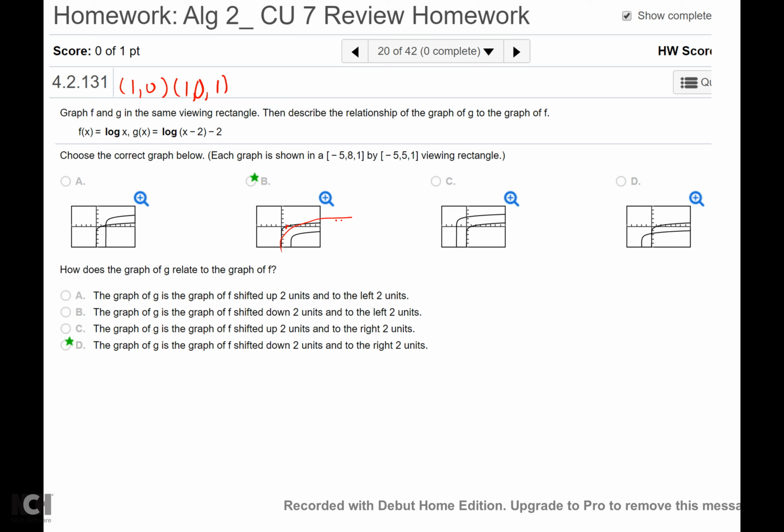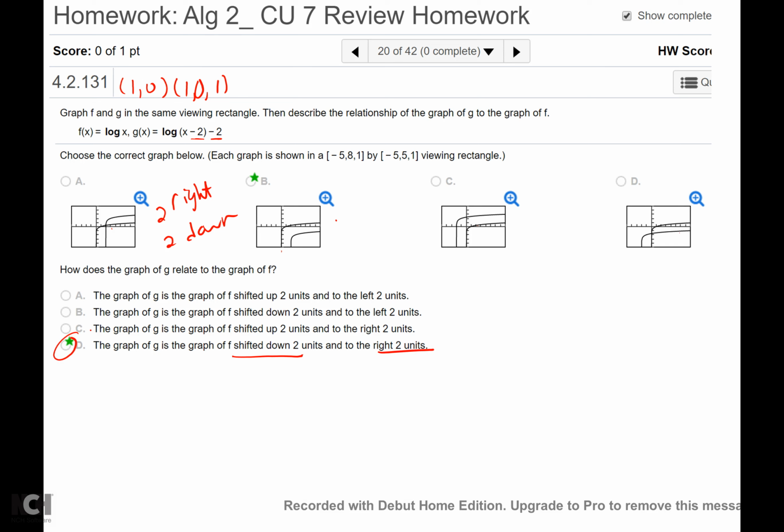Okay, so there's the parent graph. This one is going to move it 2 units to the right. And this is going to move it 2 units down. Down 2, right 2. So there's the description.